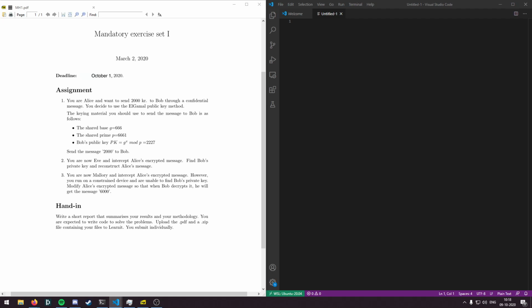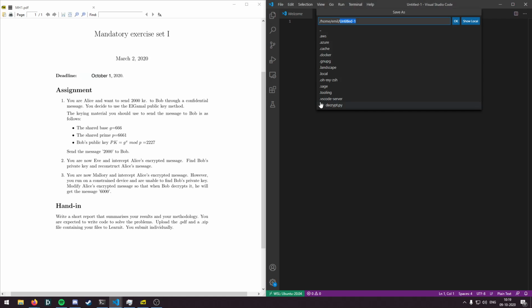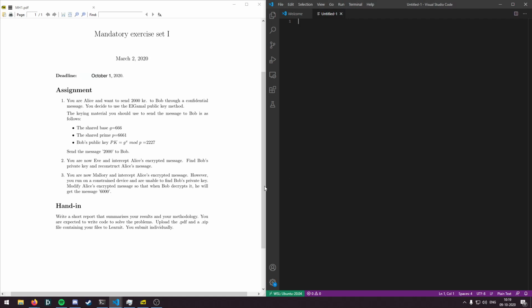Okay, so we are Alice and we want to send 2,000 kroner to Bob through a confidential message, and we will use the Elgamal public key method. The keying material you should use to send to Bob is as follows, and I will be using Python, so let's save this as Python.